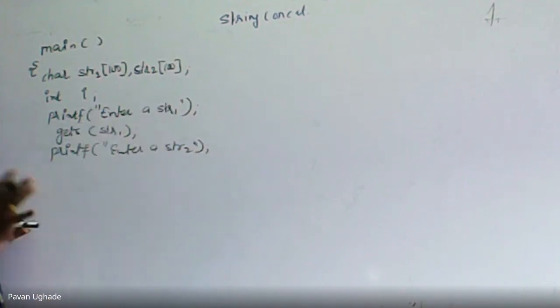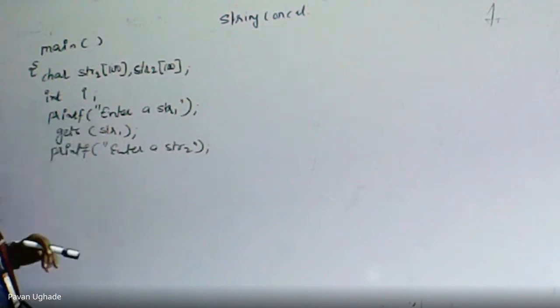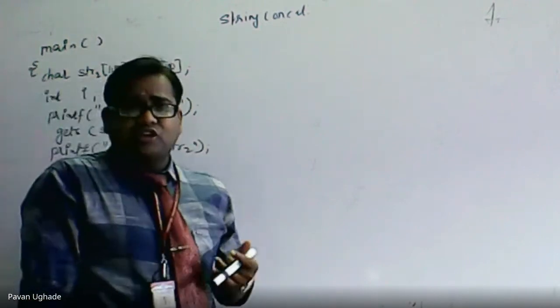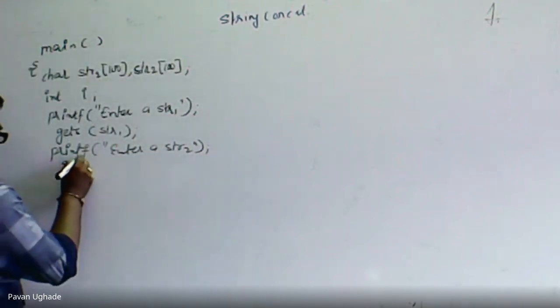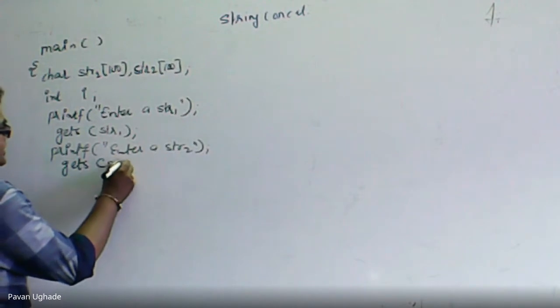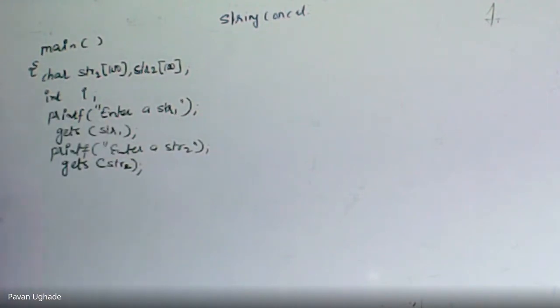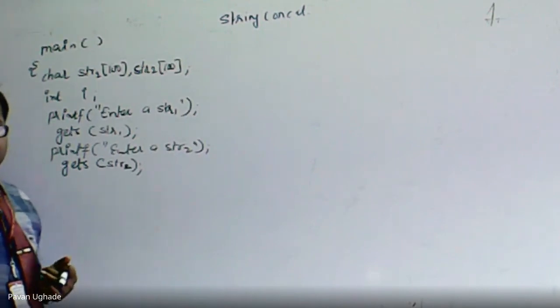I'm giving very small shortcuts in the printf statements because my agenda is to understand the main logic of concatenation. Here also we'll use gets for str2. So till this time we have successfully read string 1 and string 2.